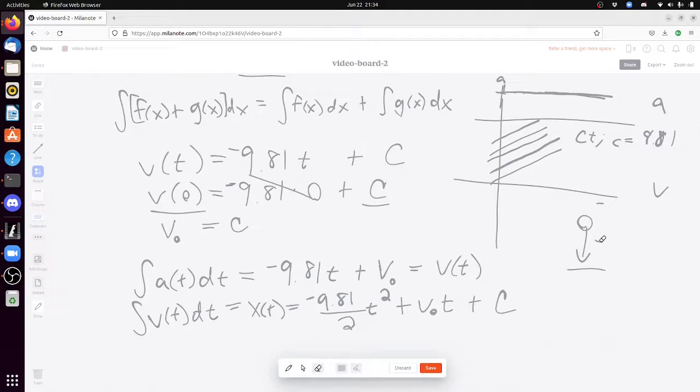So I just want to go over that convention. They consider getting further away from the earth as the positive direction, and down towards the earth as the negative. Attractive forces are considered negative in physics. So I think I should just start using that convention here. But anyway, we get this.